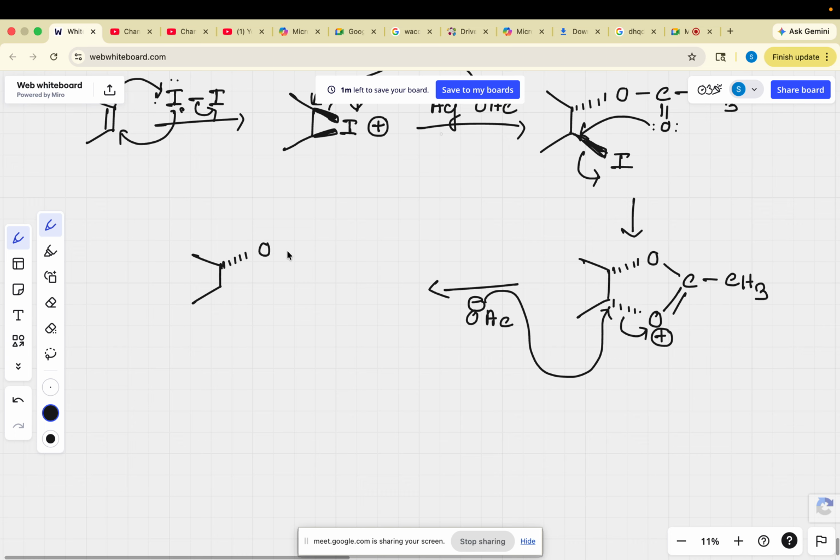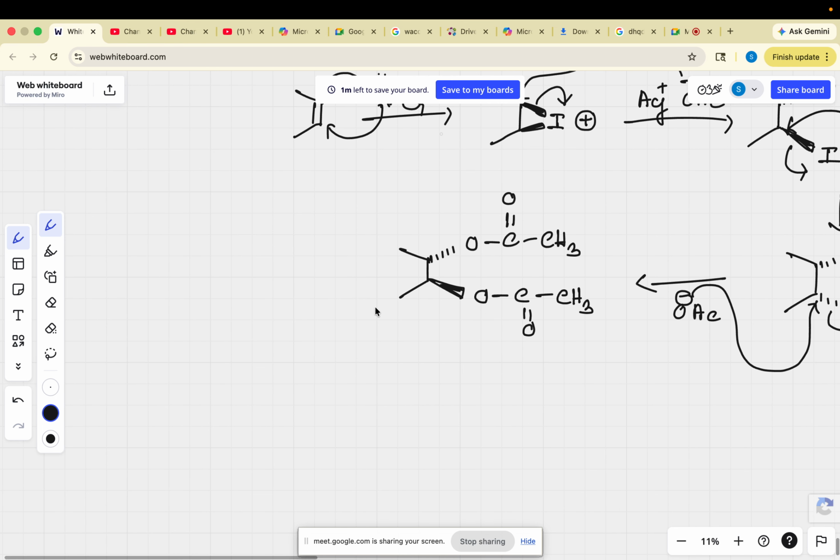Here I have oxygen, then C double bond O CH3, and it is attacking from the opposite face. Opposite face means above the plane. Below the plane you have this group, so above the plane you are getting this OCOCH3.